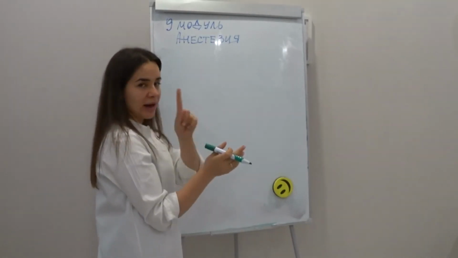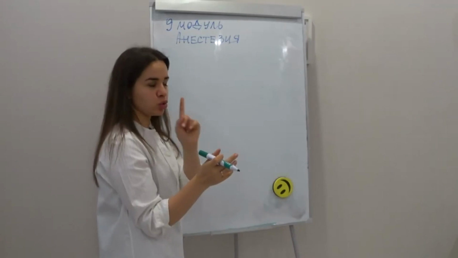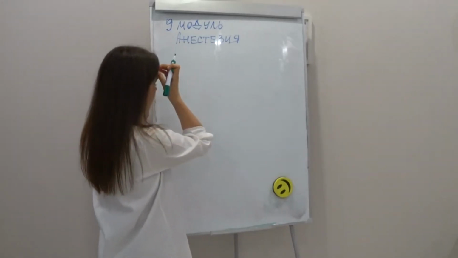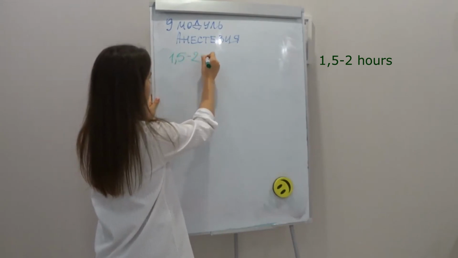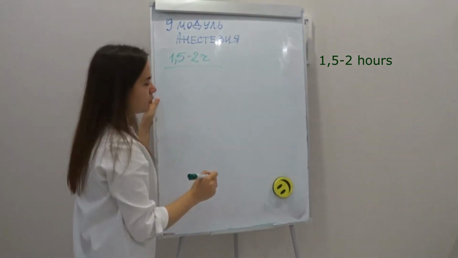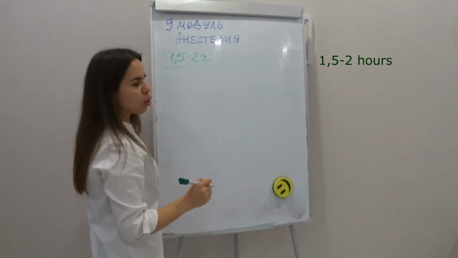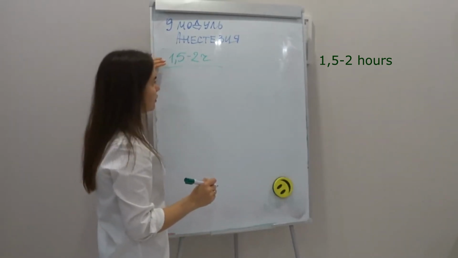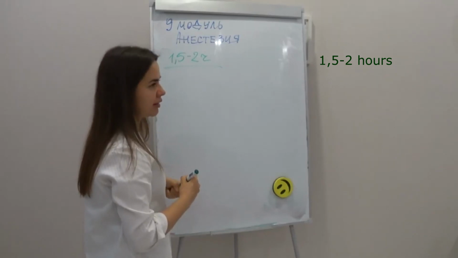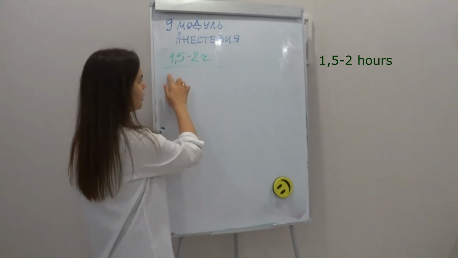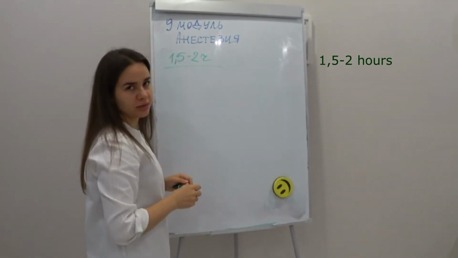Someone says that this is a lot. No, during this time the zone is being processed. If she says that she needs to be only slightly anesthetized, then she can reduce it to an hour.